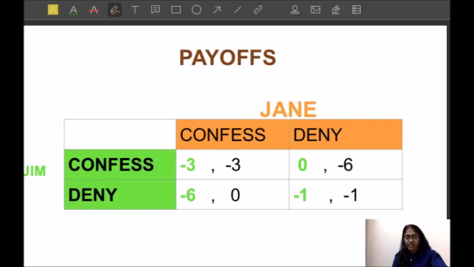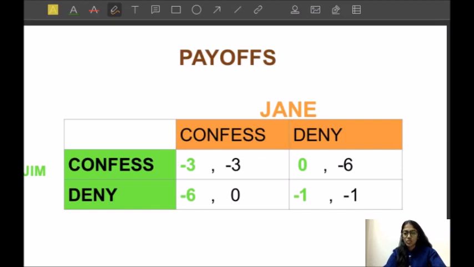Let's see here that if Jim confesses to the crime and also Jane confesses, then both will be given jail of 3 years. Hence we have represented this with -3 and Jane's utility also by -3. The green entries show the payoffs to Jim and the entries in black show the payoffs to Jane, that is, the utility assigned to Jane.